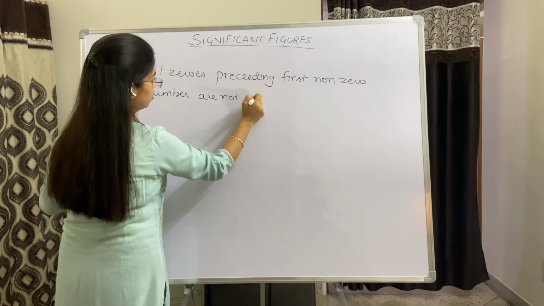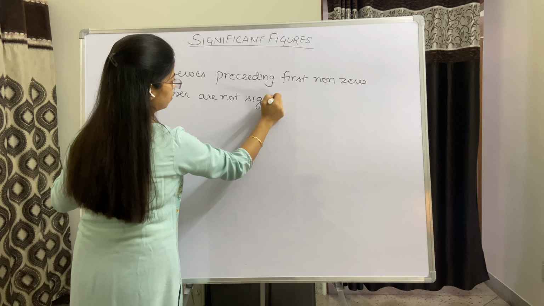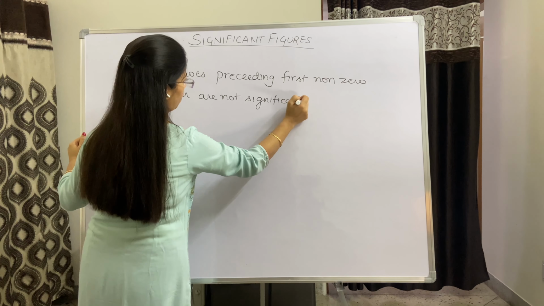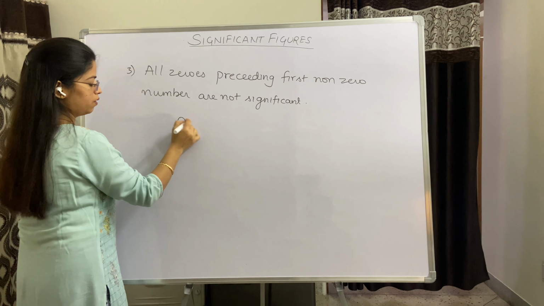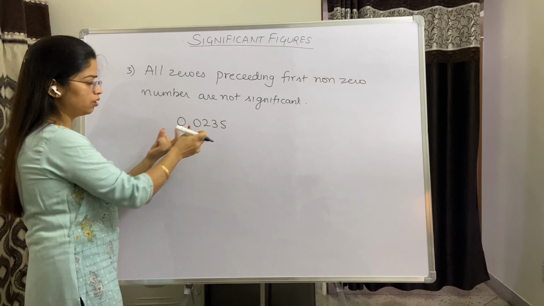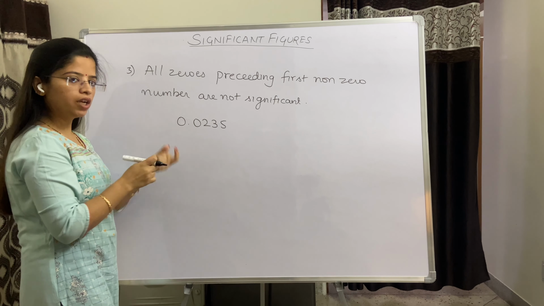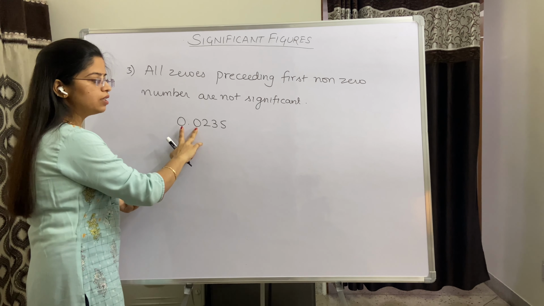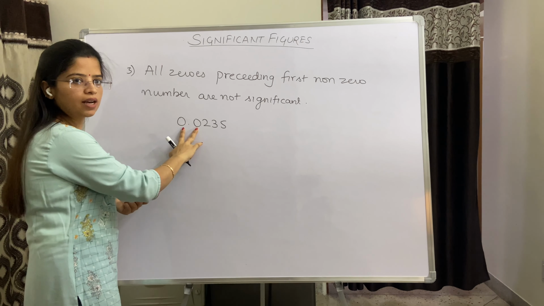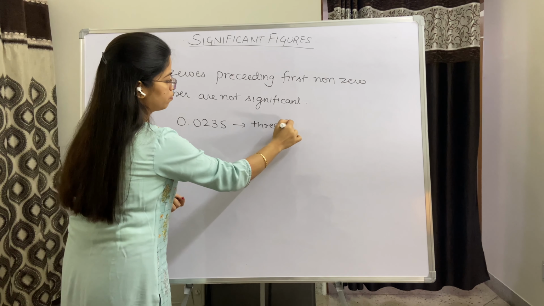Like 0, 0, 2, 3, 5. These zeros are before the non-zero number, that is, they are preceding the non-zero number. It means we will not consider these digits as significant. So in this number, we are having only 3 significant figures.